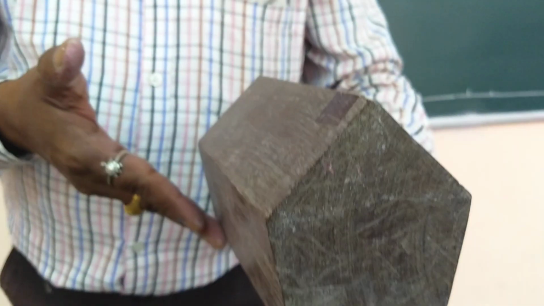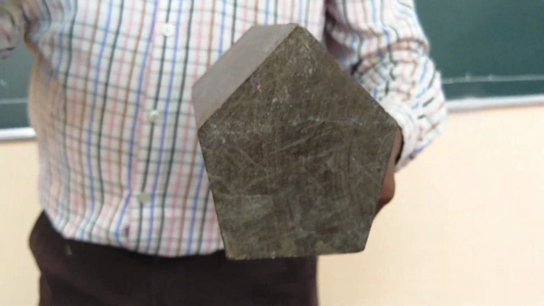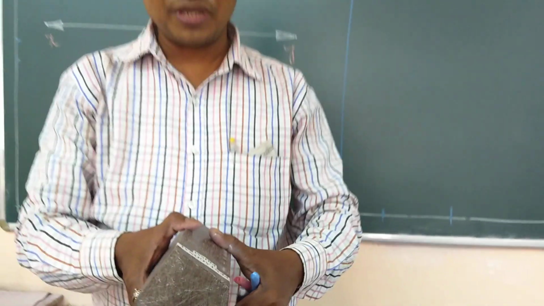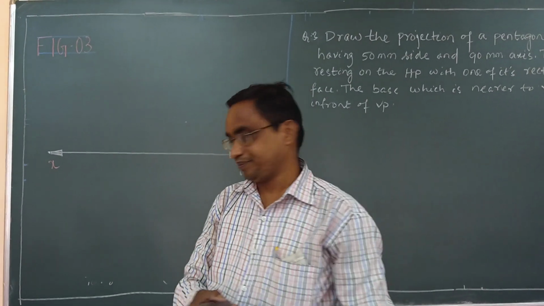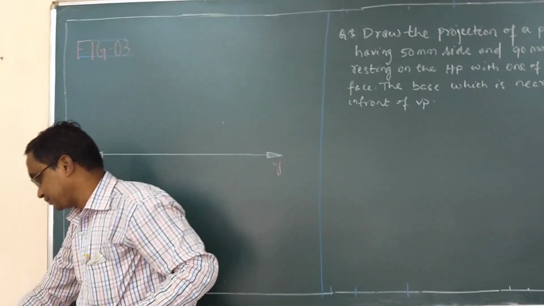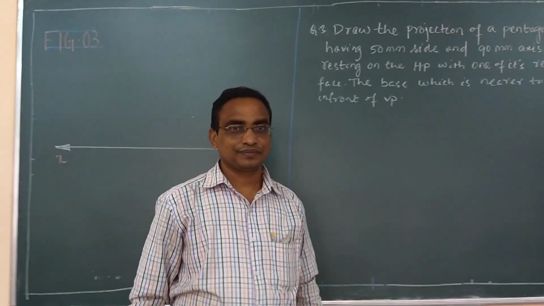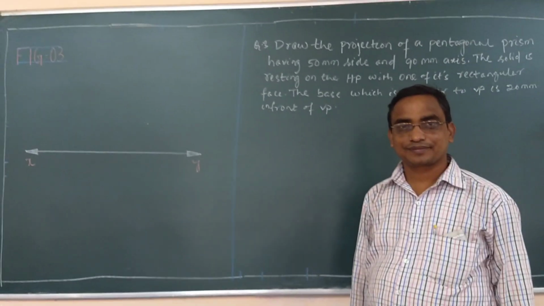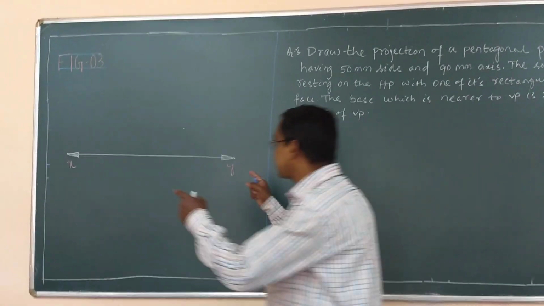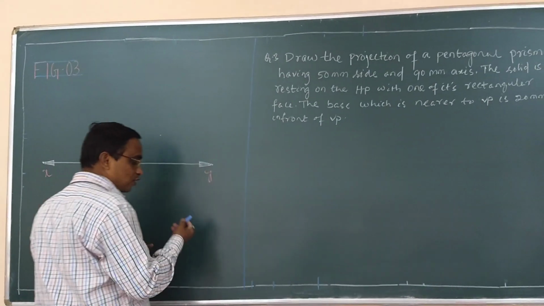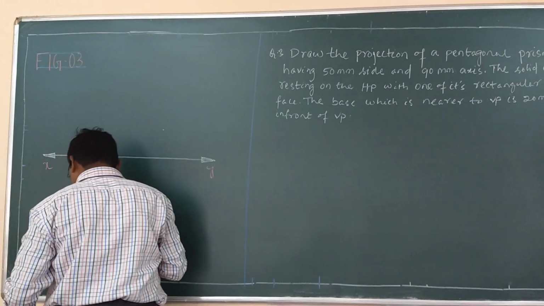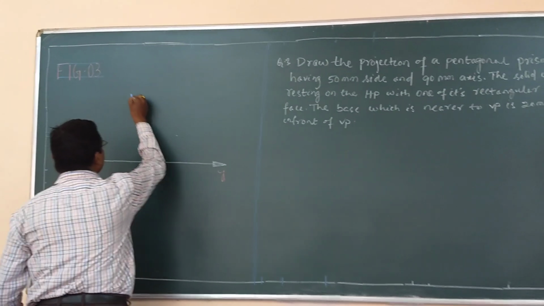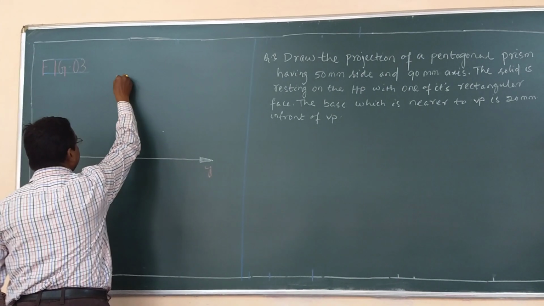Which edges are clearly visible to me, I will draw with a solid line, and which are not visible to me, I will draw with a dotted line or hidden line.